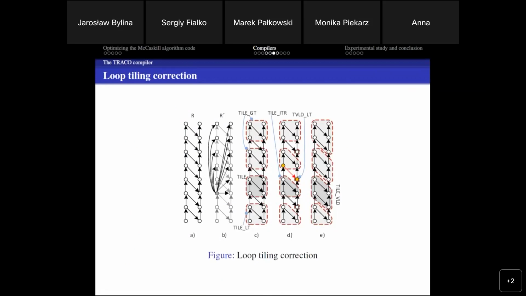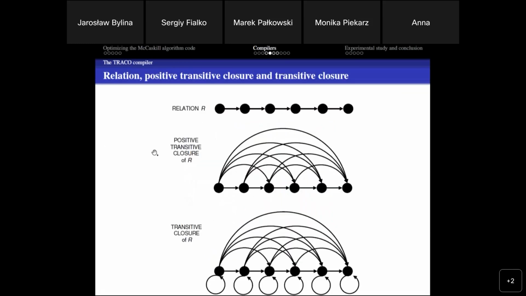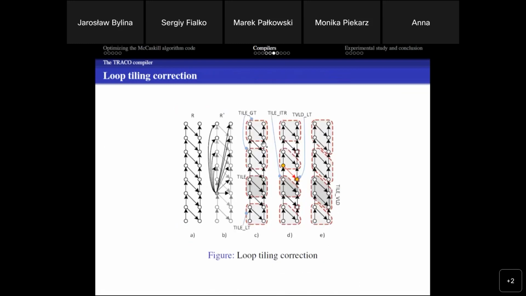But the shapes make the tiling a little worse than the tiling of Pluto, but it's parallel. So if we execute this on many threads, the total times will be better. And the theory to find these dependent statements in tiles: we use transitive closure to find all transitive paths that we moved.